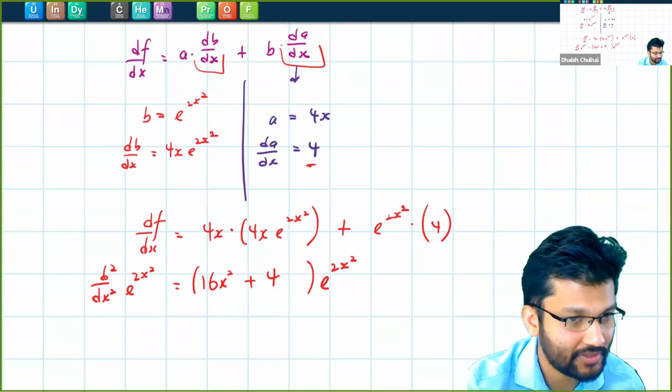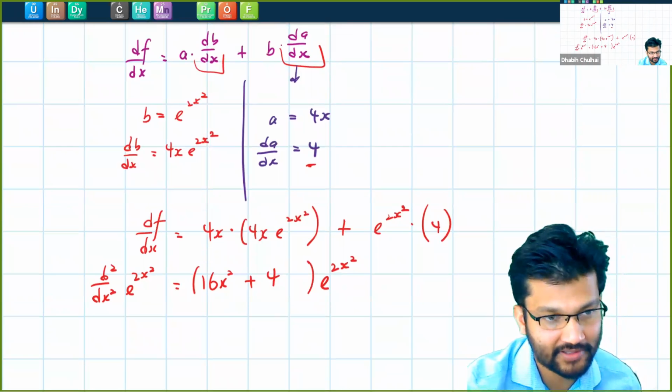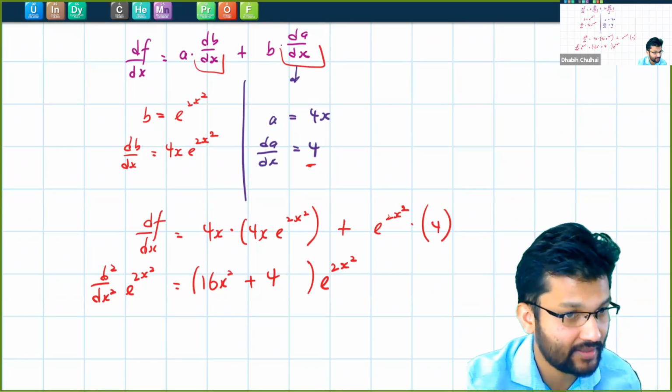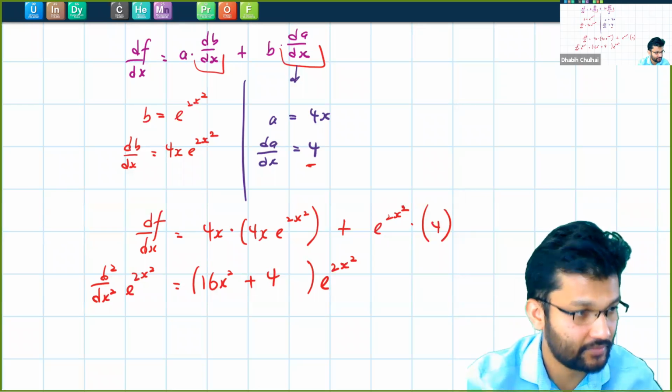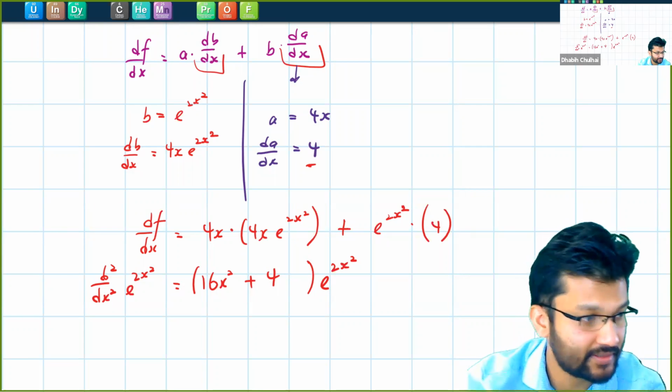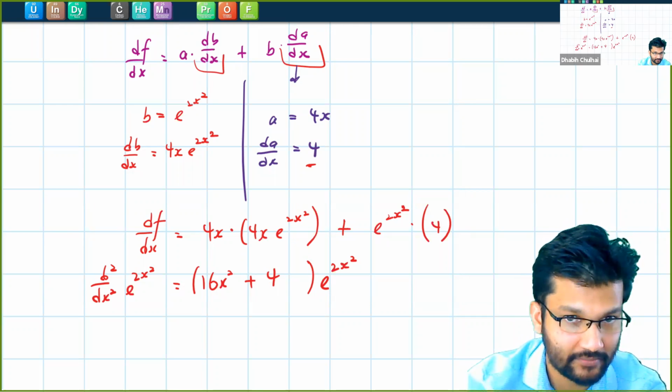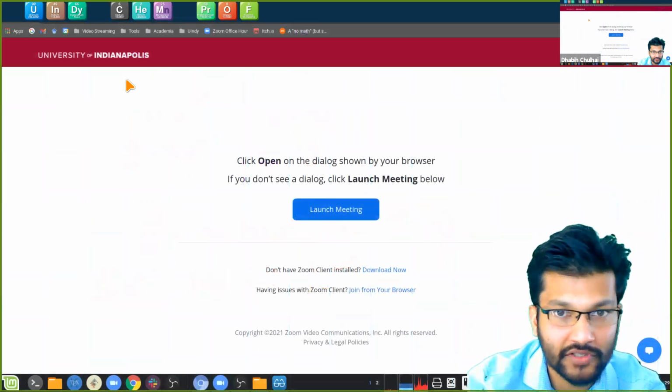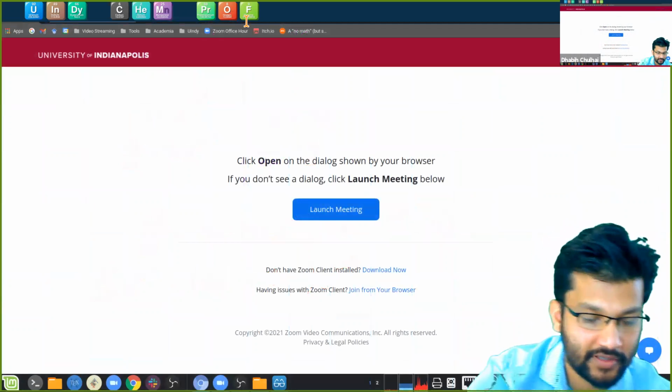Not that I don't want you to do math by hand, but whenever you do math by hand, it's nice to have a way to check the answer really quickly. Here's another way that you can do this fast. You should be seeing my browser, right?